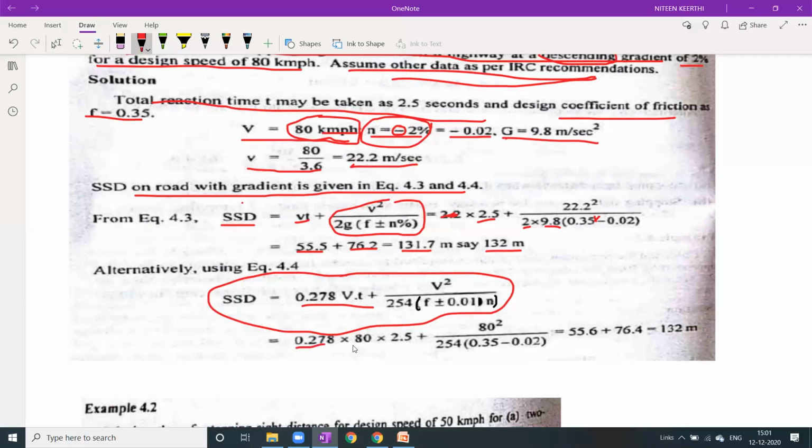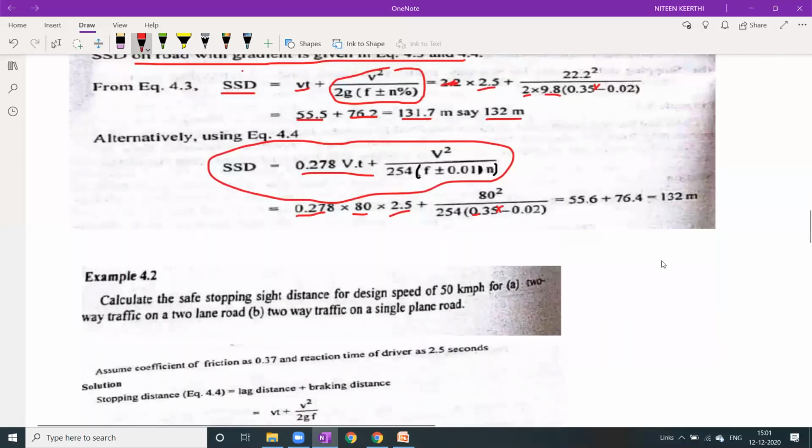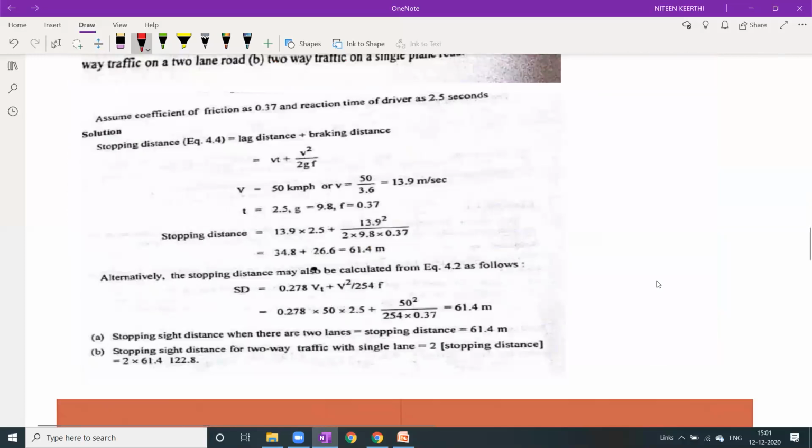So 0.278 into 80 kmph into 2.5 seconds is the time, plus, coming to the braking distance term, 80 squared divided by 254 into 0.35 and the gradient. So you can do this.